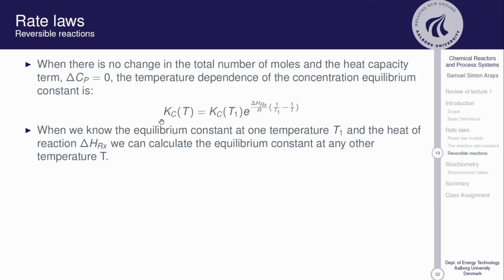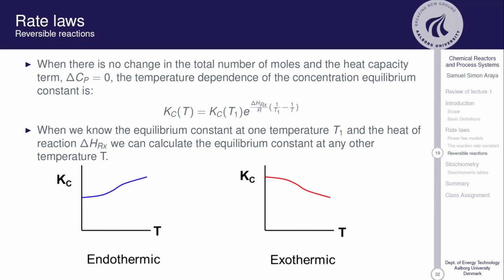So yeah, you can consider this an Arrhenius equation for irreversible reactions. And Kc basically changes with temperature, as we said, and it will increase in the case of an endothermic reaction.